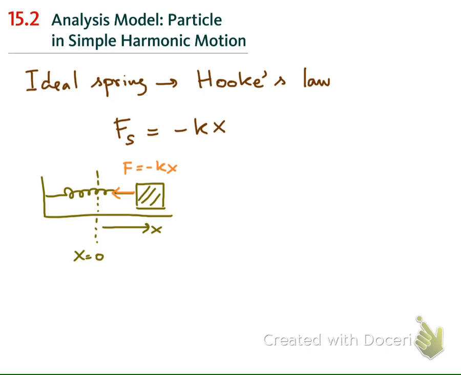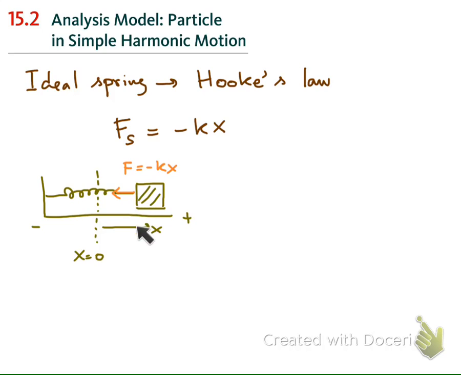Here we define the positive x to the right of the equilibrium point, and the negative x to the left of the equilibrium point. The negative sign tells us that the force from the spring will point in the opposite direction to the direction of x.